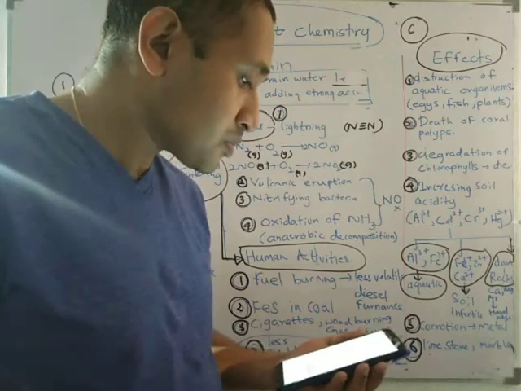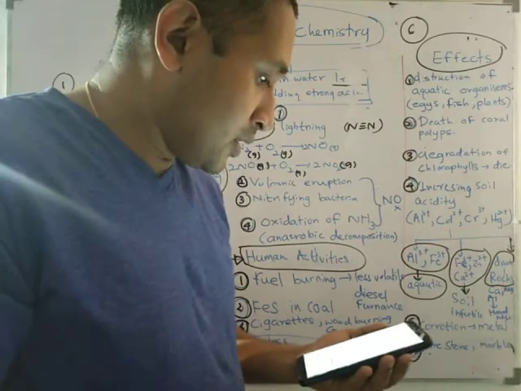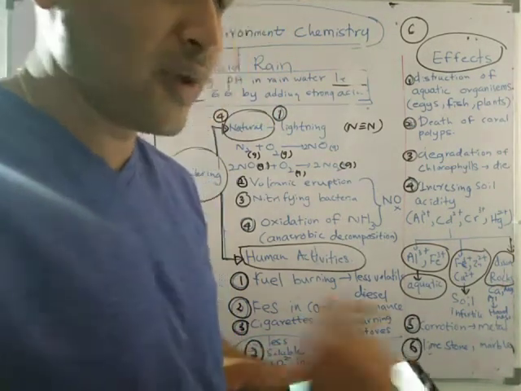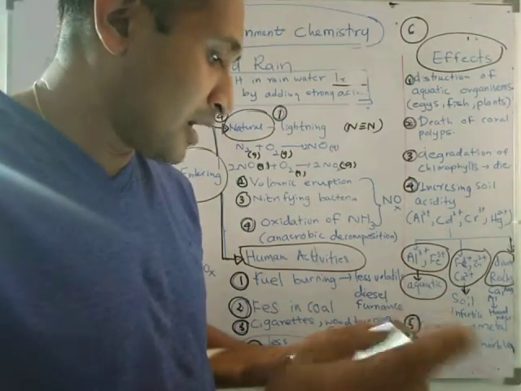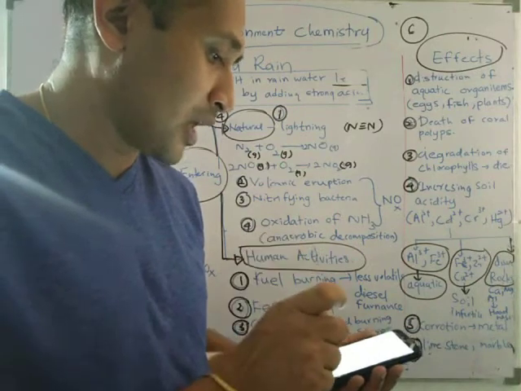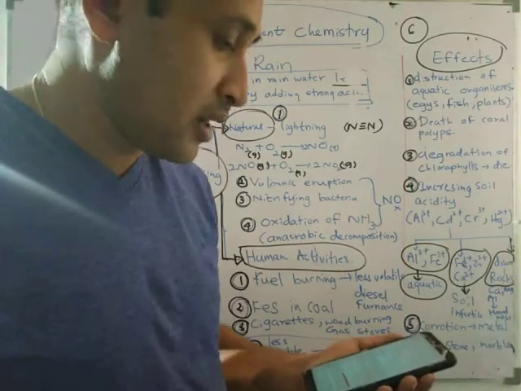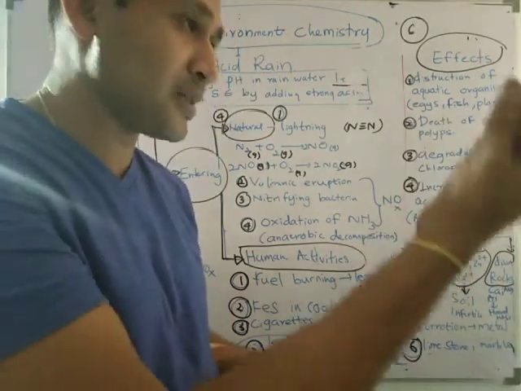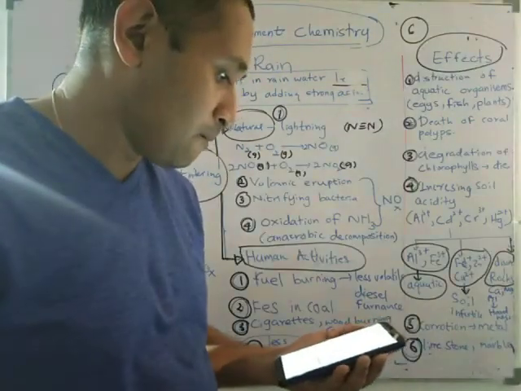Second one, you can remove the acidic gases, right? For example, calcium carbonate produces calcium oxide when we are heating it. That calcium oxide can react with sulfur dioxide and form calcium sulfide solid. Calcium oxide plus sulfur dioxide goes to calcium sulfide. You can remove the sulfur dioxide.